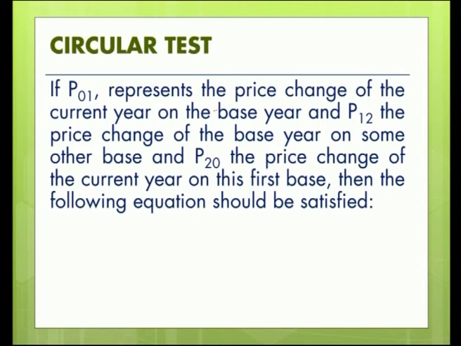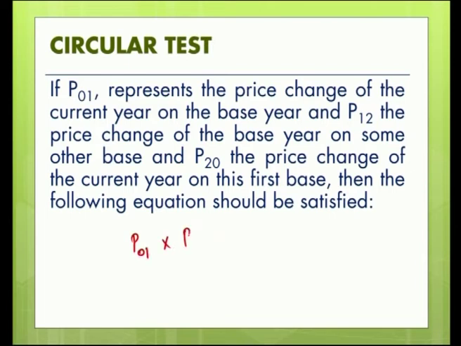Next, in continuance, we have the circular test. In a circular test, if P01 represents the price change of the current year on the base year, P12 is the price change of the base year on some other base, and P20 is the price change of the current year on this first base, then the following equation should be satisfied. What is the equation?